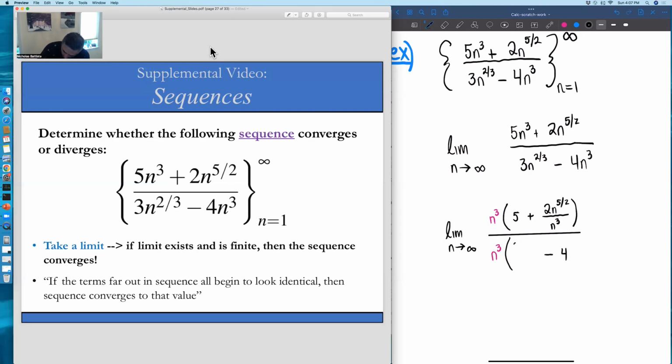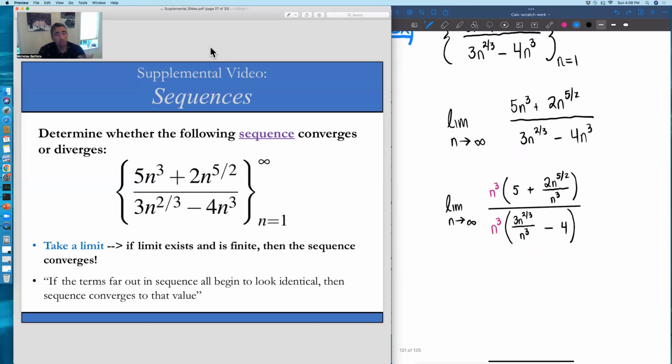For that first term, I'm going to do a similar thing to what we did in the numerator: write it as the original 3n to the 2/3 divided by an n cubed. You can see that if we distribute that n cubed from outside into the denominator, we would arrive back at the original thing we started with. But more importantly for us right now, the n cubes sitting in front of the numerator and denominator are going to cancel out.